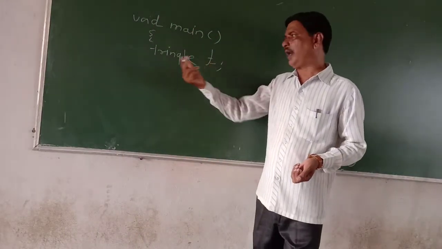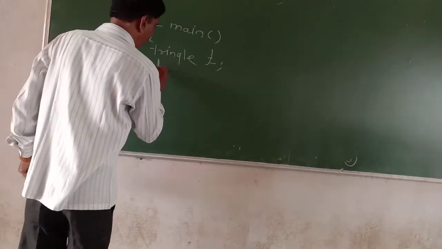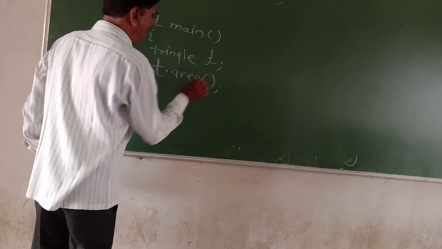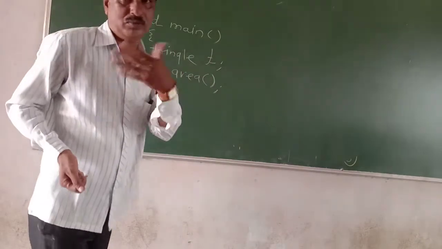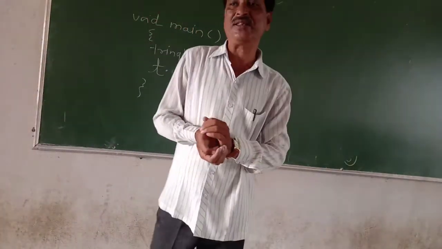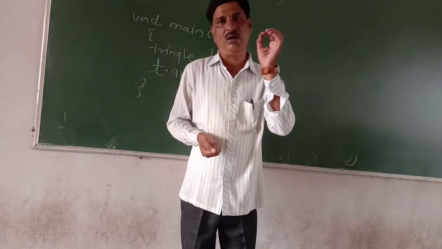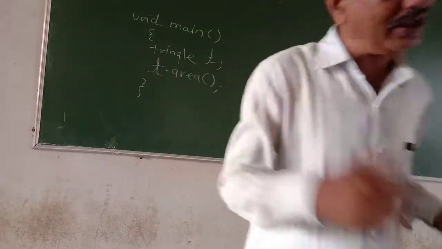Triangle T, so T is the object. Now we are going to call the function, T dot area. Since there were no parameters, no parameters should be passed. So what will happen? According to the base and height we have given, b equal to 8 and h equal to 4, the function will be called and it will calculate the area.